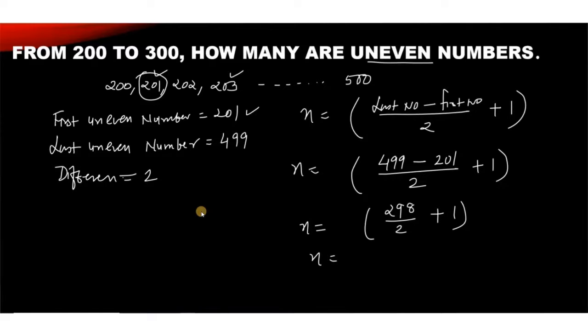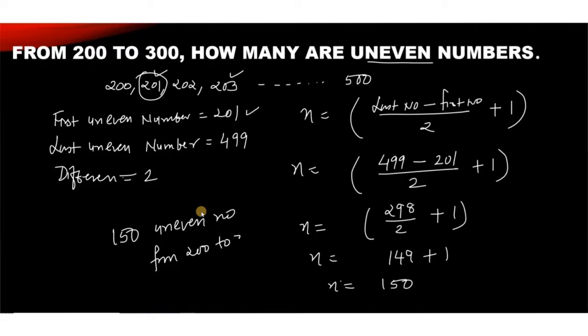So n is equal to 149 plus 1. So n is equal to 150. It means there are 150 uneven numbers from 200 to 500. Did you understand? Sorry, here it is 200 to 500 because we have taken 500 here.